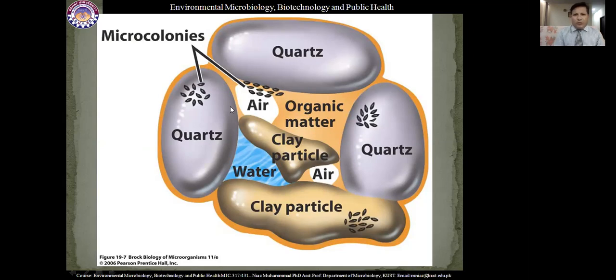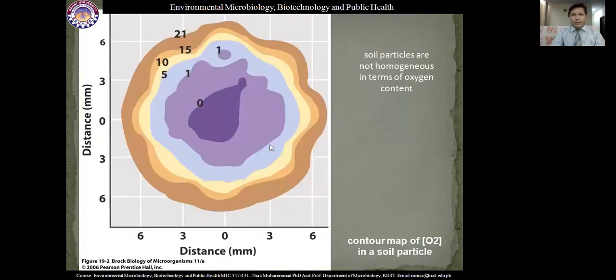So this is a very tiny, small soil particle, which is composed of all these things: organic material, air, microorganisms, clay particles, silt, water, quartz, sand, many things. So what happens?